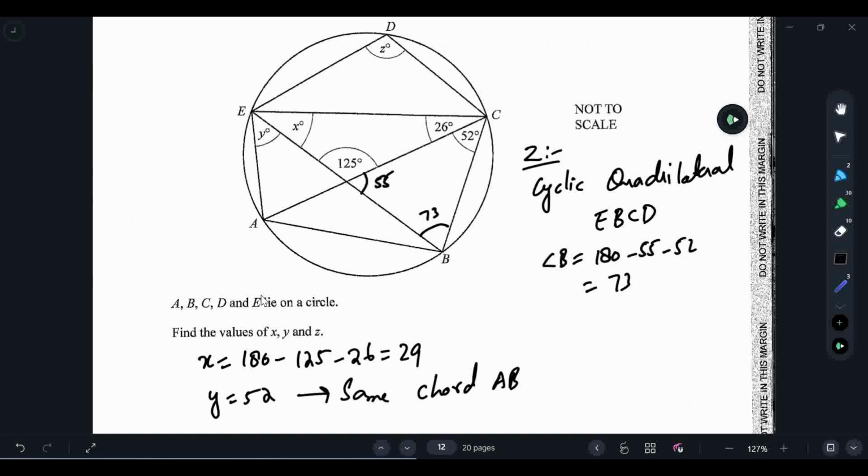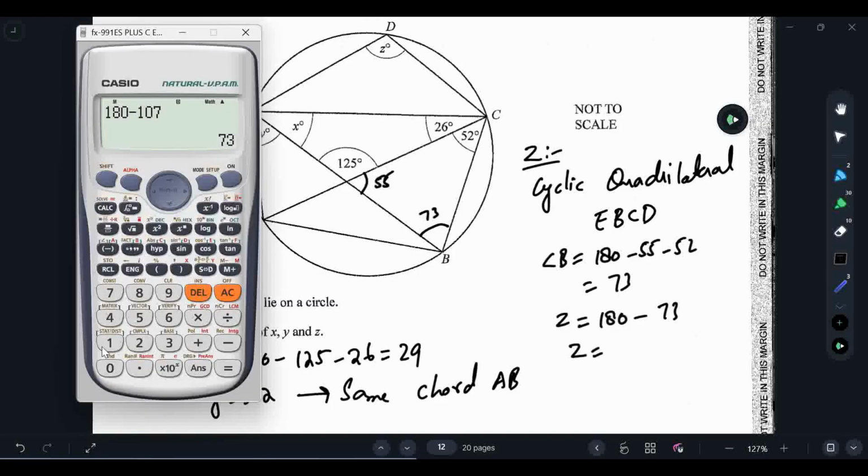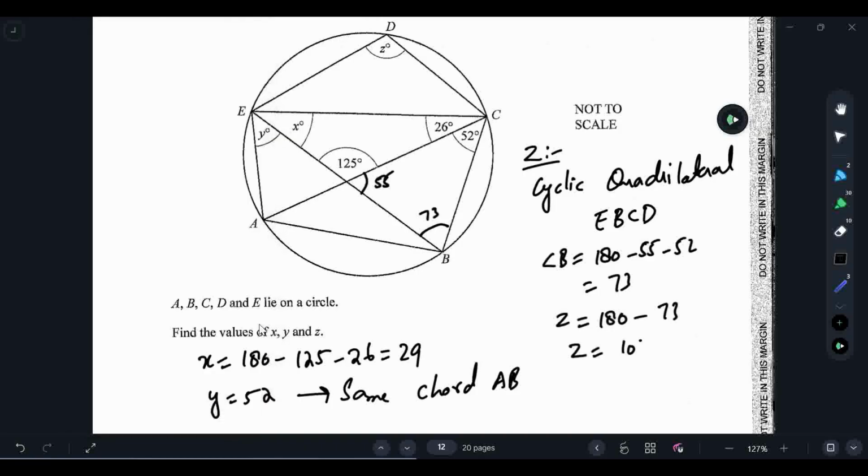If this angle is 73, z will be equal to 180 minus 73. So this will be equal to 107. So 107 will be the final answer.